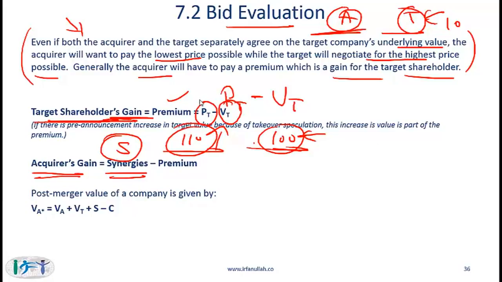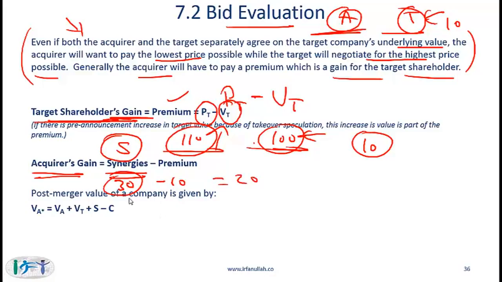So what is the target shareholder's gain? It is 10. But let's say that the synergies from this transaction are 30. So the present value of the benefits created by the merger equals 30. Of that 30, how much is going to the target shareholders? 10. So what is the acquirer's gain? It is 30 minus 10, which is 20.